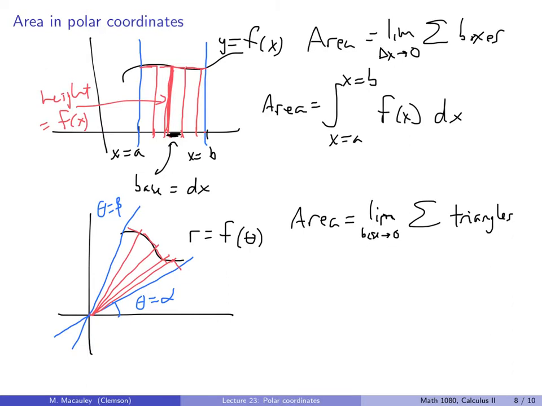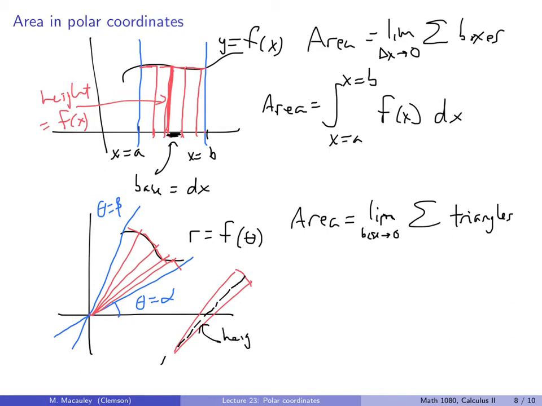So what is the area of a triangle? Let's see, how do I want to organize this? I'm going to pull out a triangle here. Okay, so this line has height.